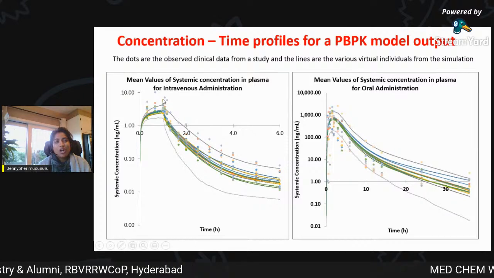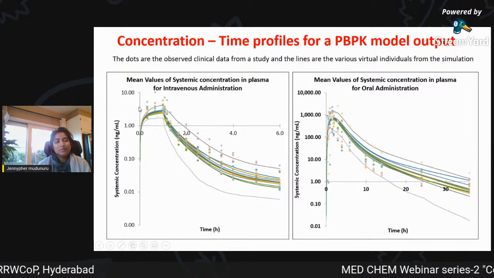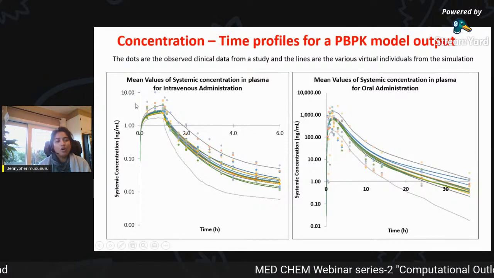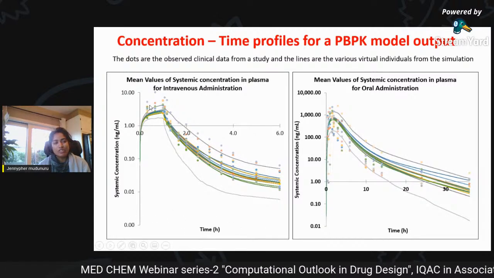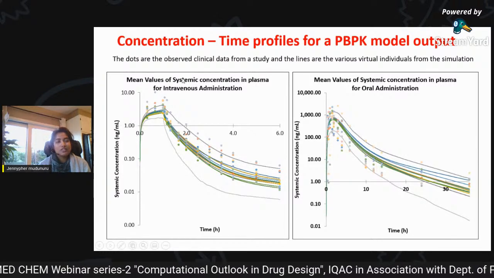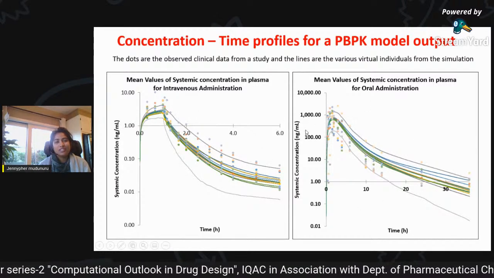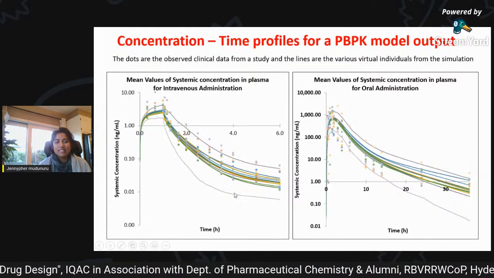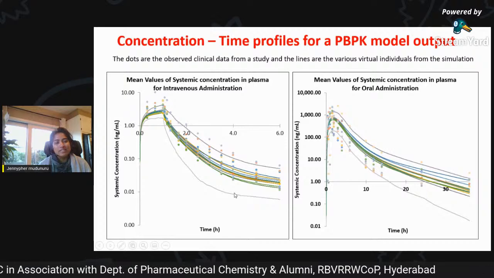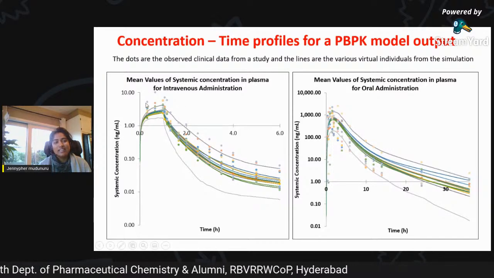So these dots here are a normal concentration time profile. You have time on your x-axis, systemic concentration on the y-axis. This is intravenous administration, this is oral administration. It's on a log plot, so it's easier to see. The clinical data is in the dots.